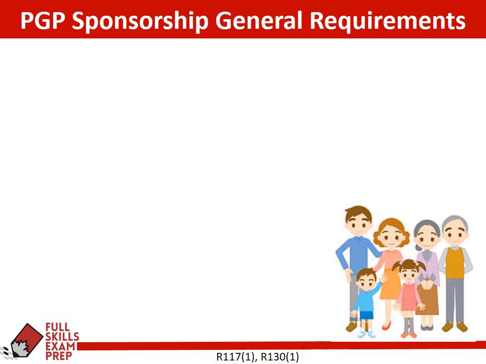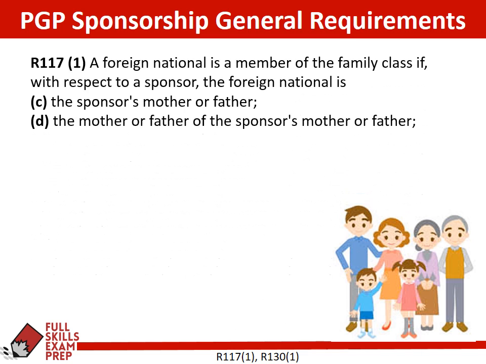Okay, so we're going to go through this really step by step. Now you have 2 general requirements for the person who is sponsoring his or her parents or grandparents. One of those you can see in Regulation 117. Okay, so you could see that very basically, just as a first step, the sponsor has to be sponsoring his mother or father, or the mother or father of the sponsor's mother or father, so the grandparents.